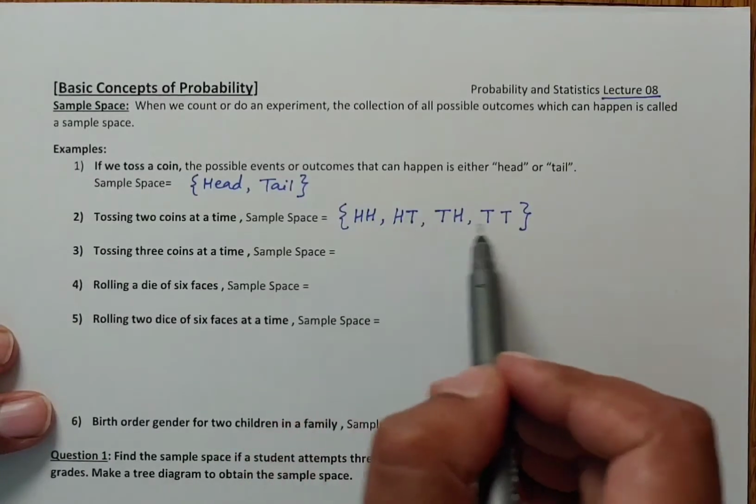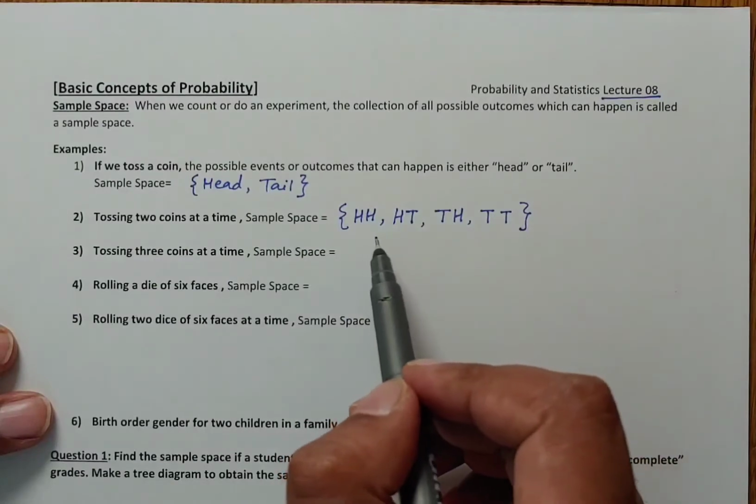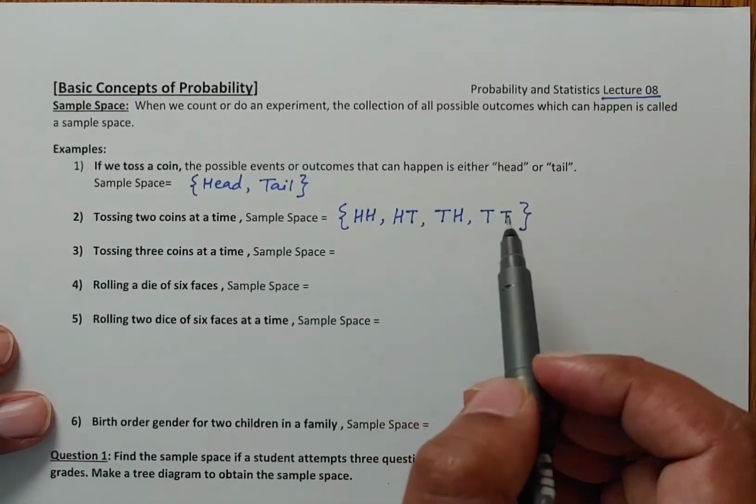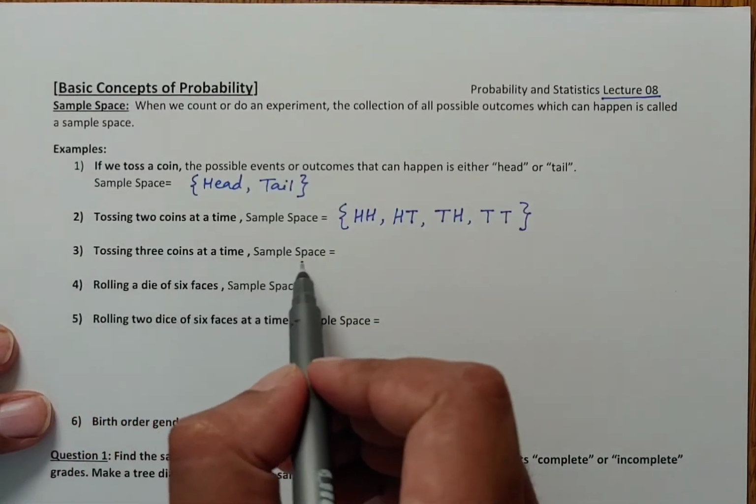When you put all these together, it makes a set, a collection, and that collection is the sample space. Tossing three coins at a time.